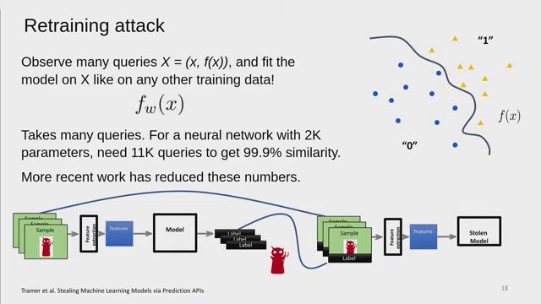But the underlying issue remains that we still need quite a few queries for all the different inputs to have a large enough sample to then retrain and build a similar model. Still, querying a model a couple of thousand times and then retraining is much cheaper than collecting the information, potentially paying for it, processing it, and running the full training effort end-to-end.